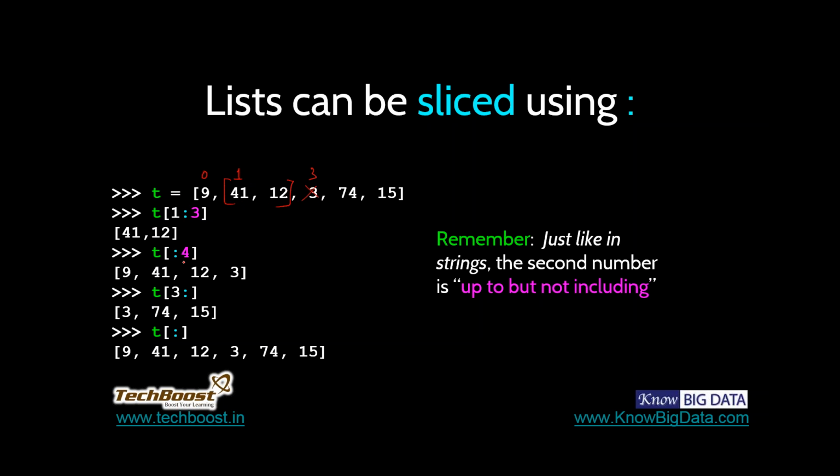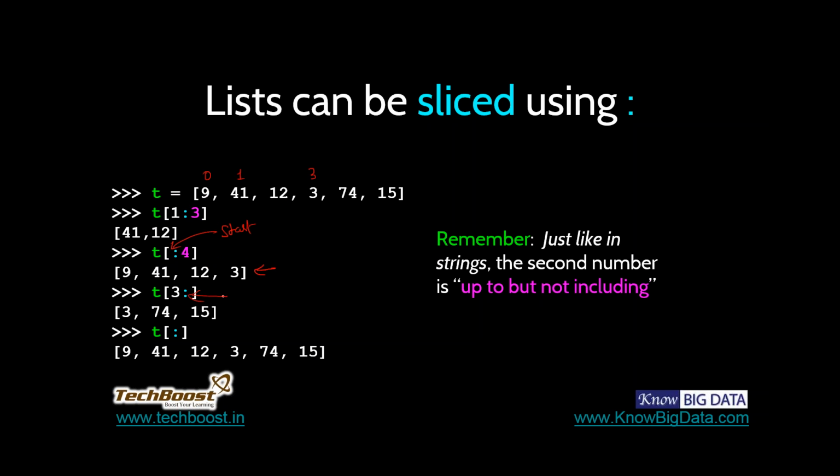Here we have missed the start index, and if we miss the start index, it by default starts from the beginning index, that is the 0th index, and goes up to index 3.